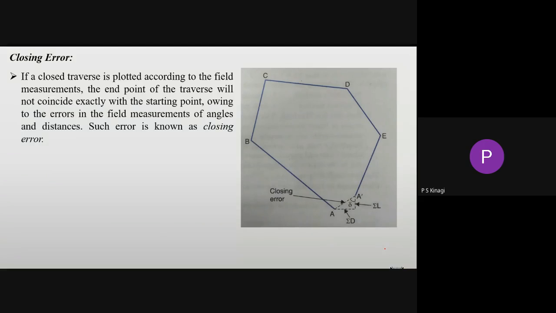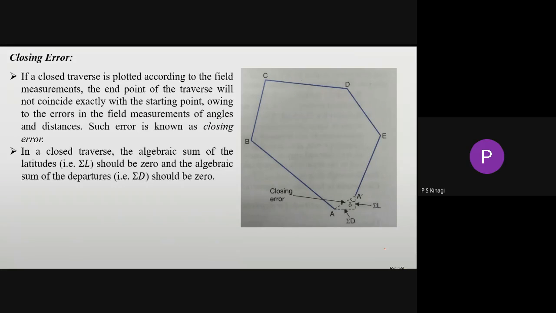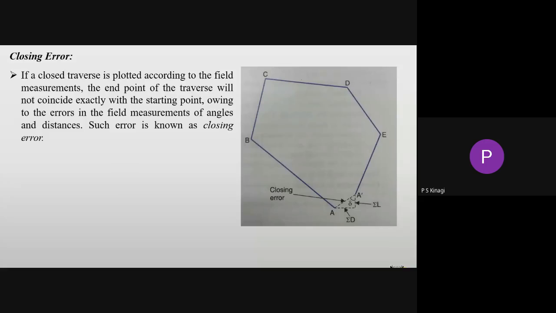And next, it's closing error. Okay. If a closed traverse is plotted, as I explained previously, what is the meaning of closing error?